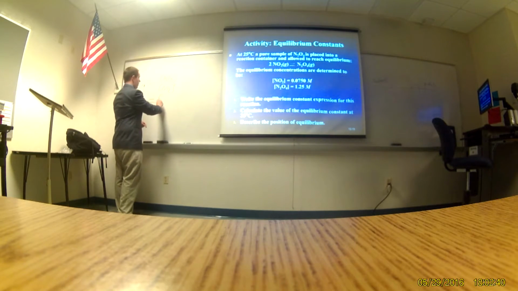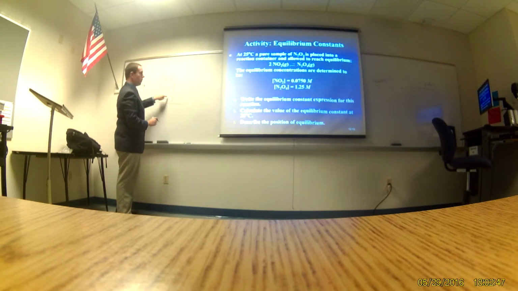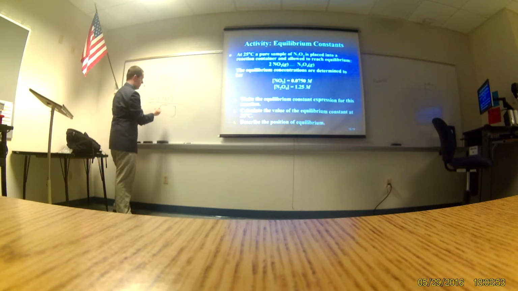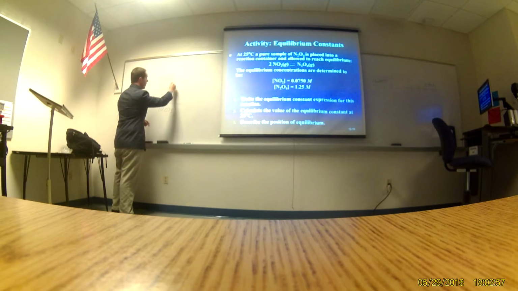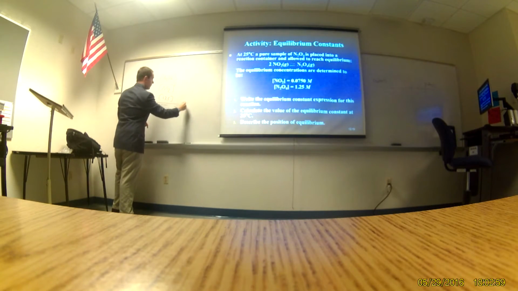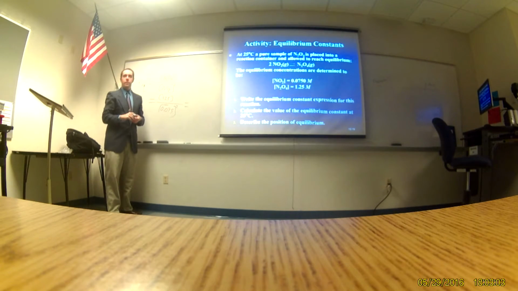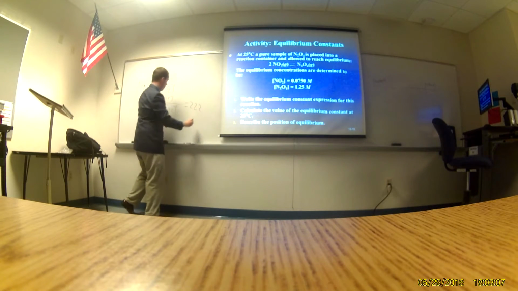So what number goes in here? 1.25. This is N2O4, so we count 1.25. What number goes in here? 0.075, and that's squared. If you do that math, what do you get? 222.